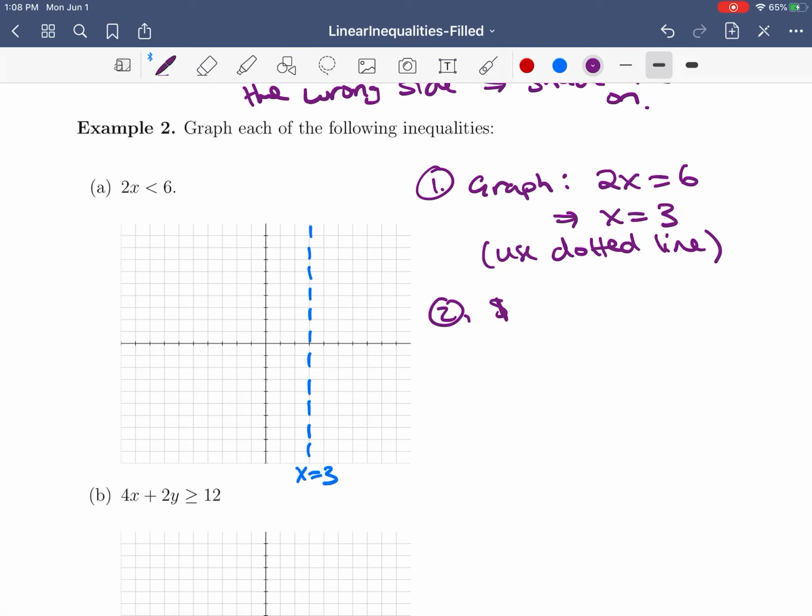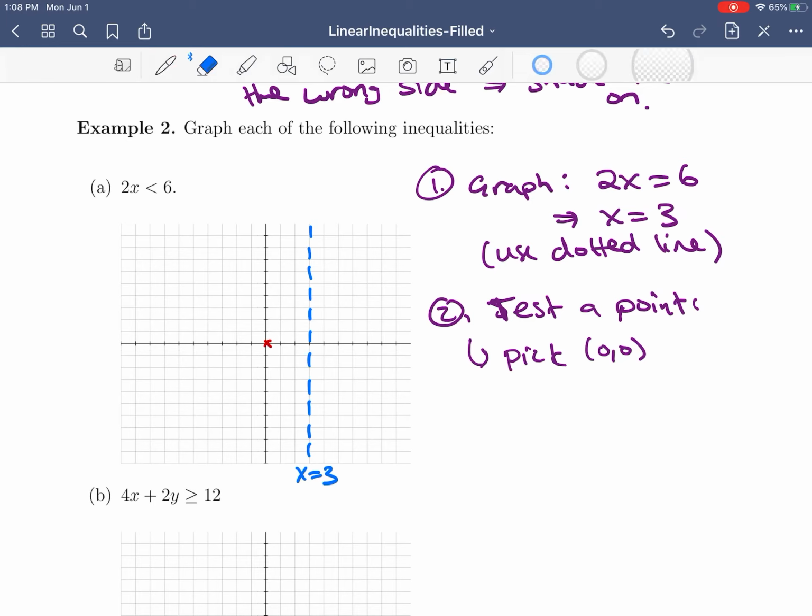And then step 2 is test a point. You can pick whatever point you want as long as it's not on this line. Okay, now I'm going to pick 0, 0, the origin, because it's easy to plug in and I know for sure it's not on the line because it's over here. So 2 times 0 less than 6.